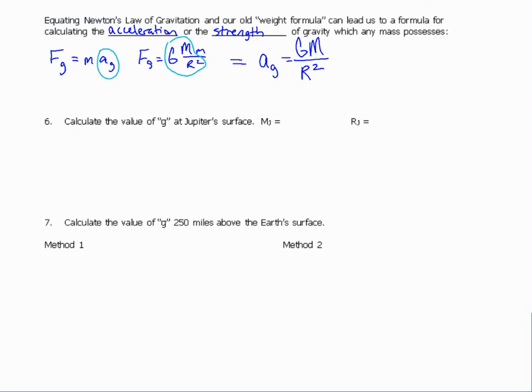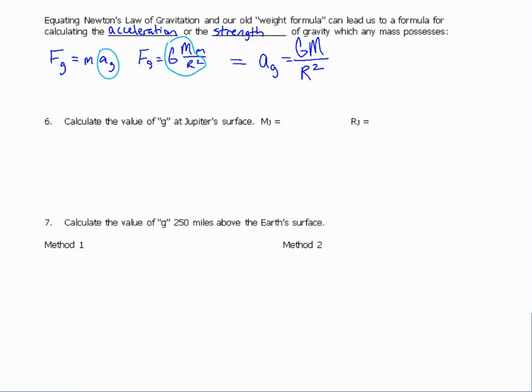So here's how this can work. Calculate the value of g at Jupiter's surface. So we are calculating g for Jupiter based on this formula. We need to know a few things. First off, the mass of Jupiter.